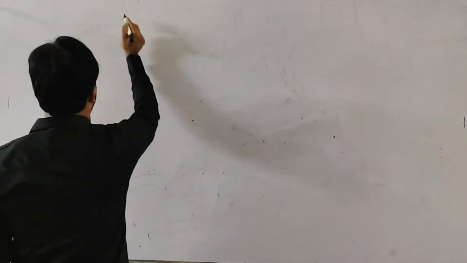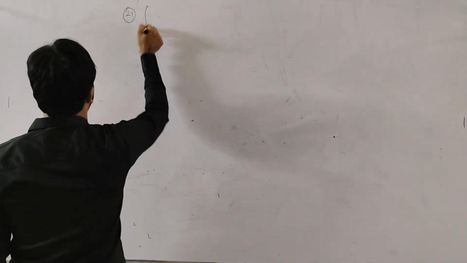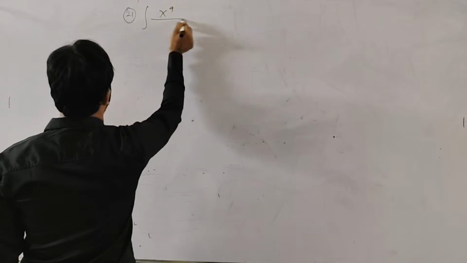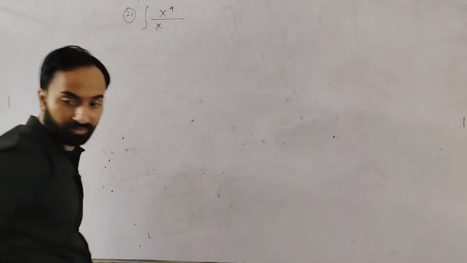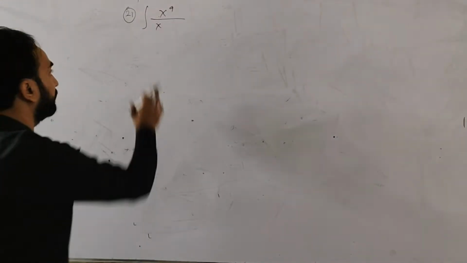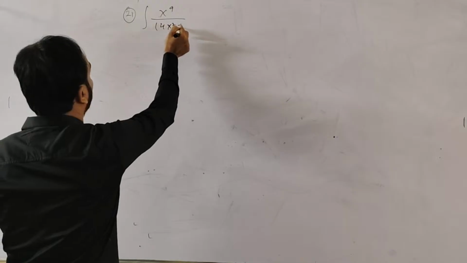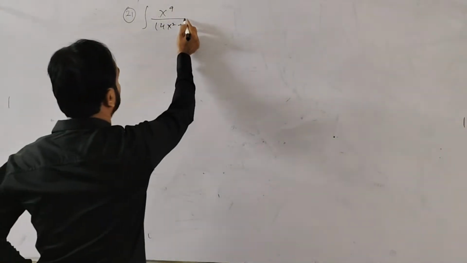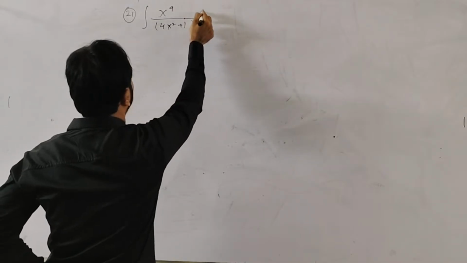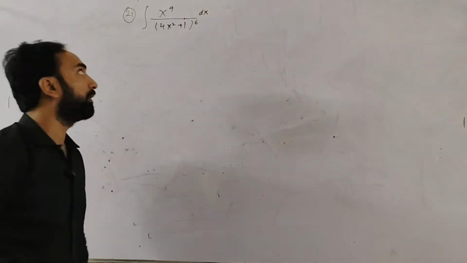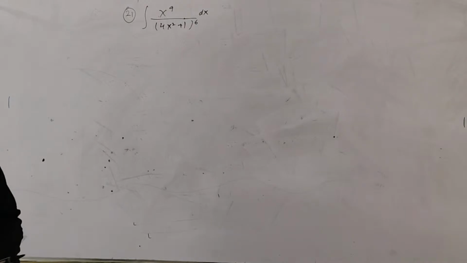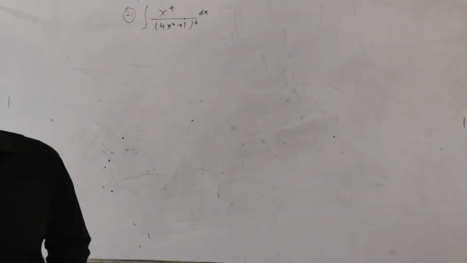What is problem number 21? Problem number 21 is the integral of x to the power 9 divided by (4x square plus 1) whole to the power 6 dx. So x to the power 9, (4x square plus 1) whole to the power 6.